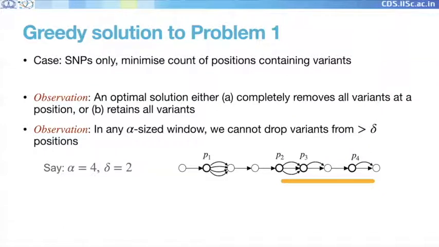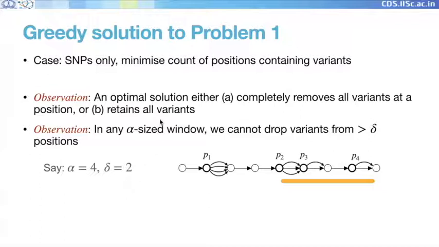So for the greedy solution to problem 1, the graph contains only SNPs, and the goal is to minimize the positions containing variants. In this toy example, note that there are 4 positions containing variants.